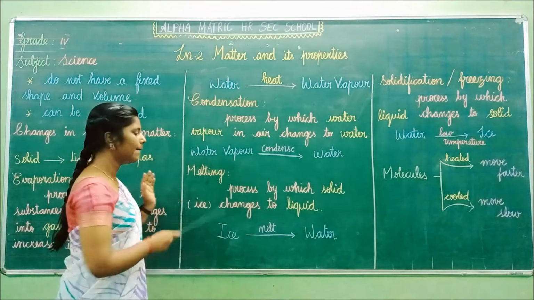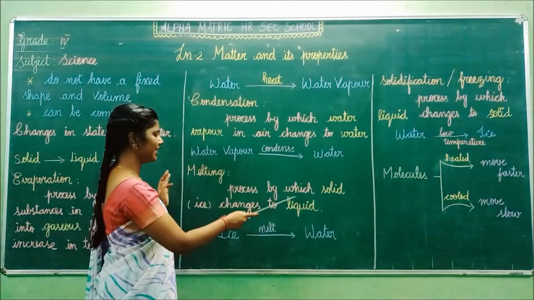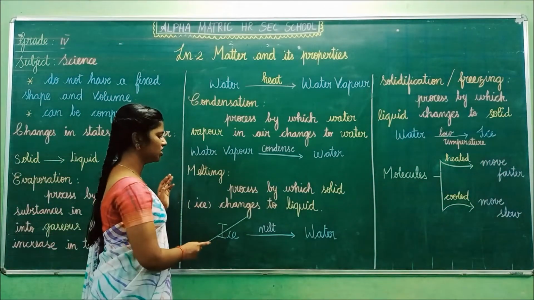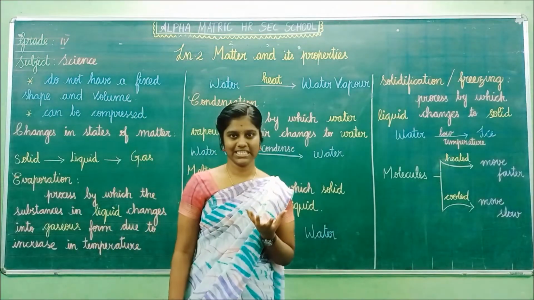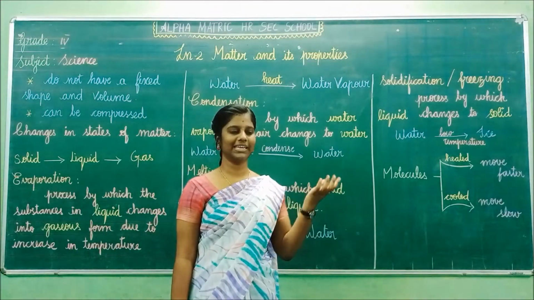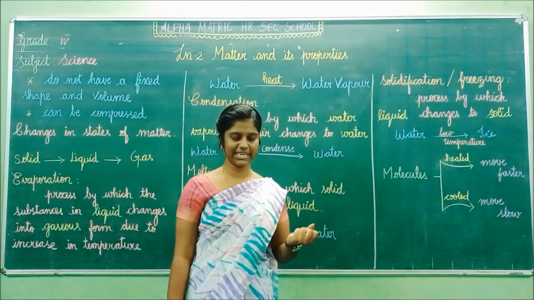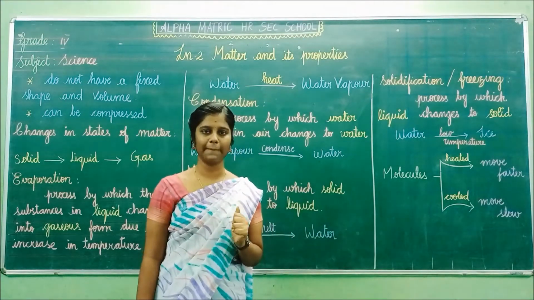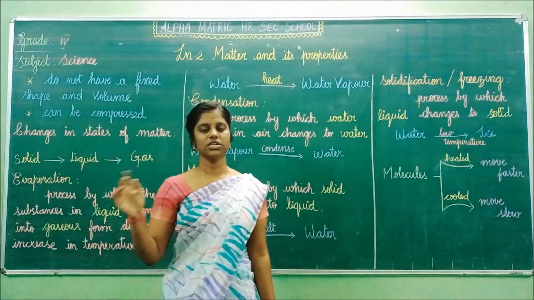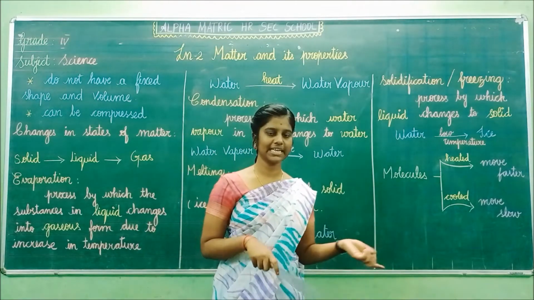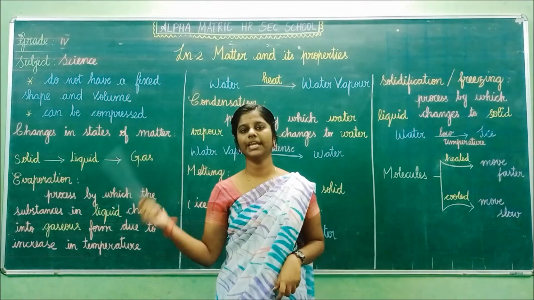First we see melting. The process by which solid changes to liquid. You have all seen an ice cube, no? When you take the ice cube out of the refrigerator and keep it outside, what will happen? The ice cube will melt and change into liquid. So, here the solid state is getting changed into the liquid state.